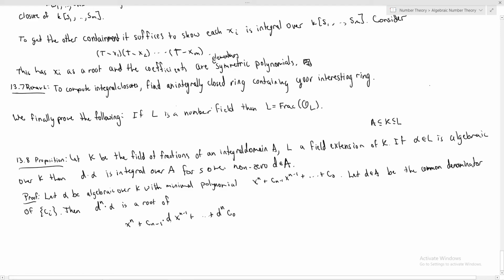Okay, if you plug in, sorry, this should not be d to the n, this should be d alpha.